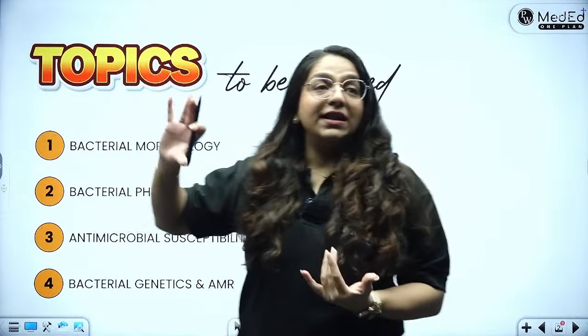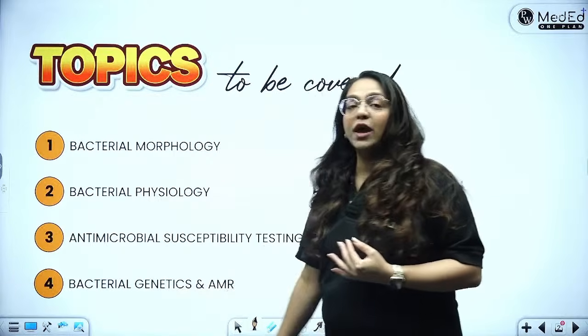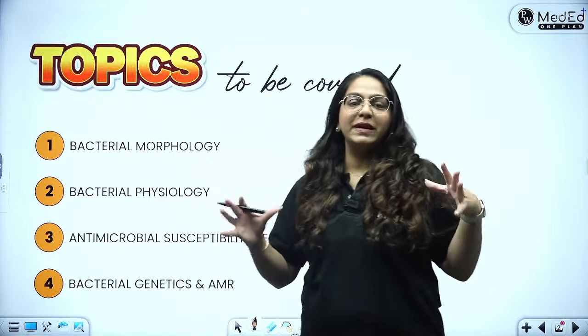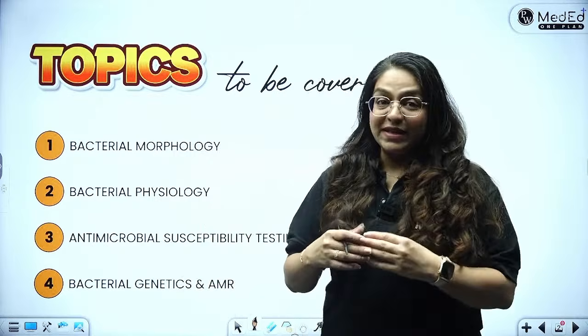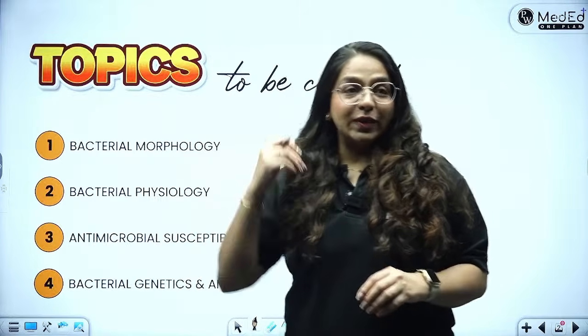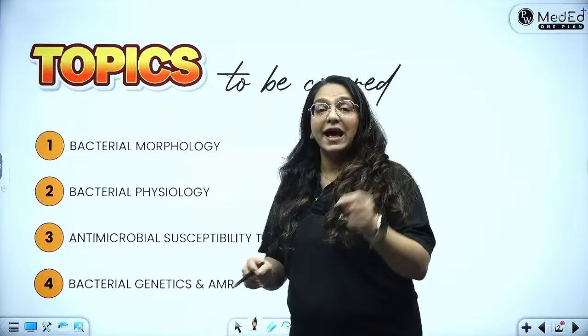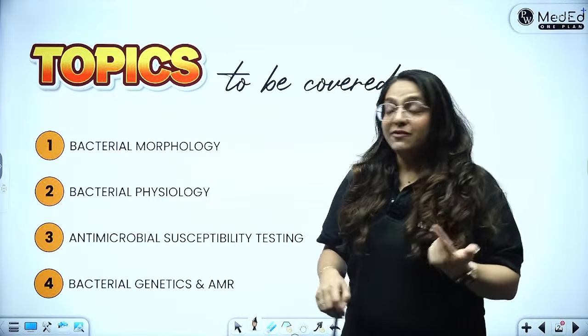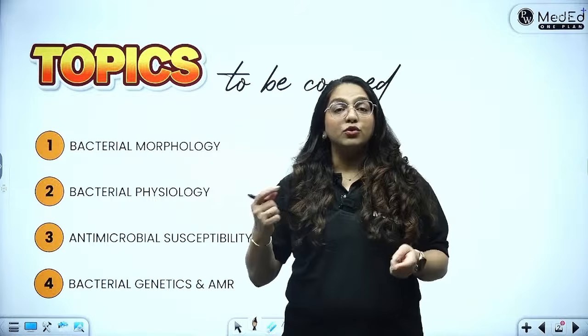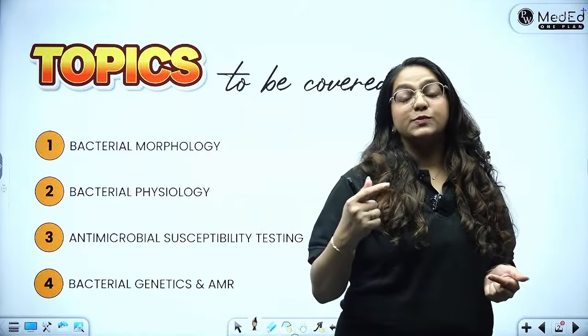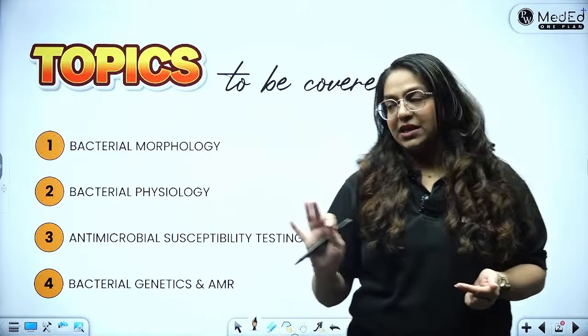Now, while these are the major topics, we are going to discuss a whole lot many topics today. So let's not waste any time at all. In bacterial morphology, we will be discussing the cell wall as well as the bacterial appendages. In physiology, we will be discussing the bacterial growth curve as well as anaerobic methods, because that is a very important question which is asked, right?